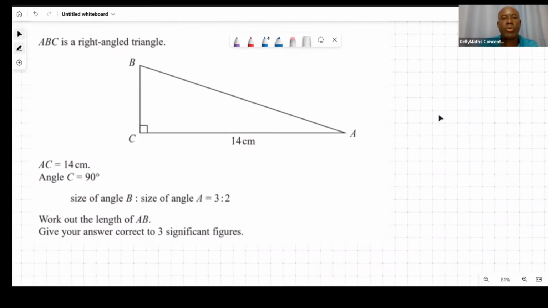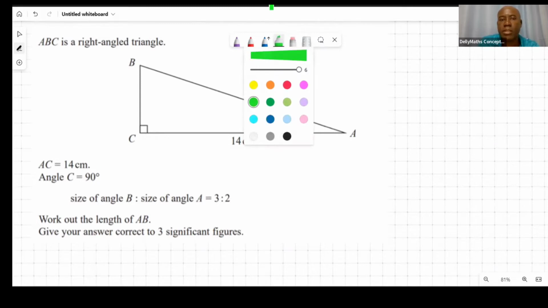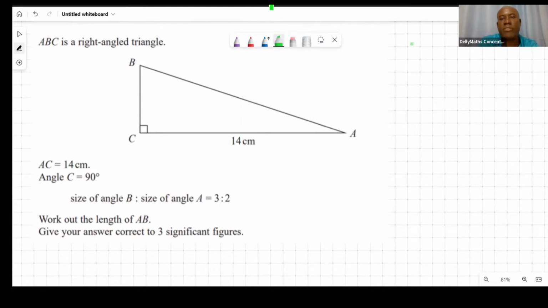So here on screen, what we're looking at is a right angled triangle named ABC. We have some information. It says ABC is a right angled triangle. AC is 14.